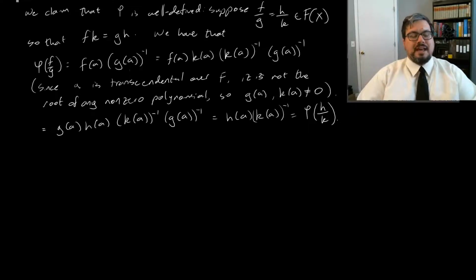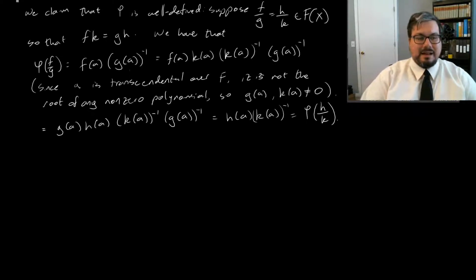So this shows that phi is well defined, both to make sure that the output makes sense, because we're not trying to take the inverse of 0, and also that if we've got two different fractions in the field of fractions F(x), then they go to the same element inside F(a).